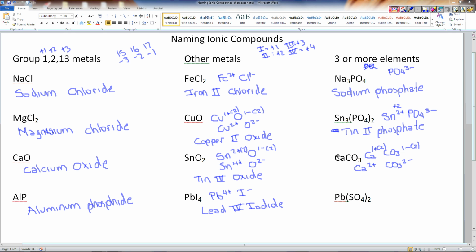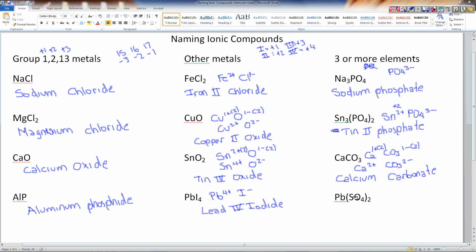This is group 2, so no, I didn't need to. But the reason I did is just to emphasize that whole don't touch the bottom number thing. But because it's group 2, all I really need to do is just write calcium carbonate. That's what makes that set of elements so nice to work with, because there is no crisscross and none of this stuff going on. Metal, polyatomic ion, you're done.